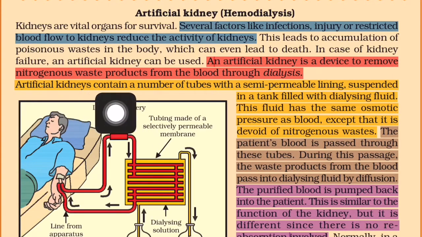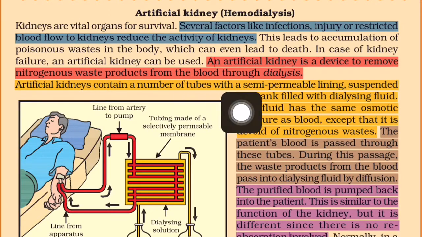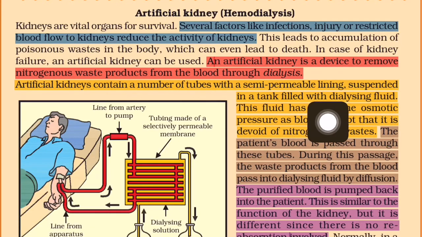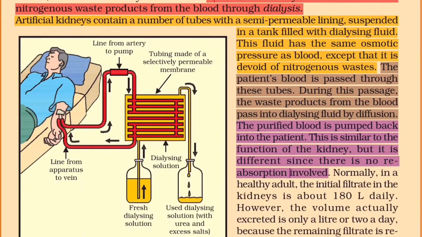Artificial kidneys contain a number of tubes with semi-permeable lining suspended in a tank filled with dialyzing fluid. You can see here the diagram for the artificial kidney. These tubes are made of selectively permeable membrane.